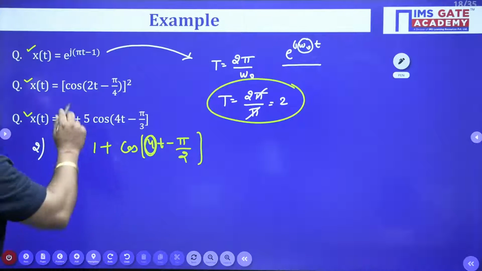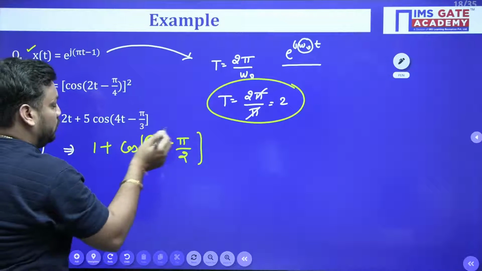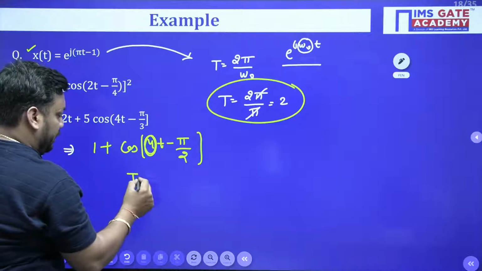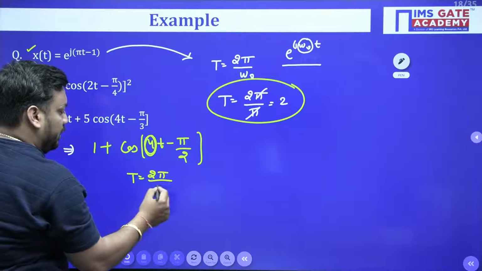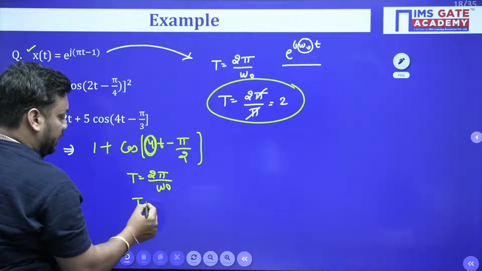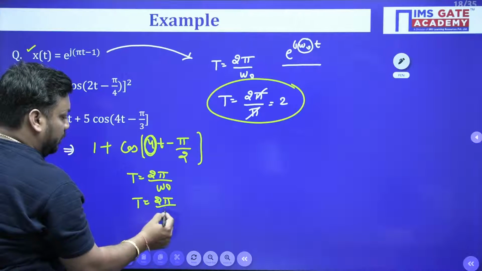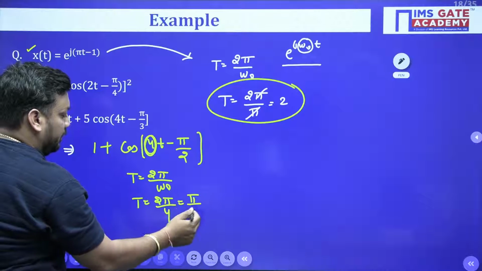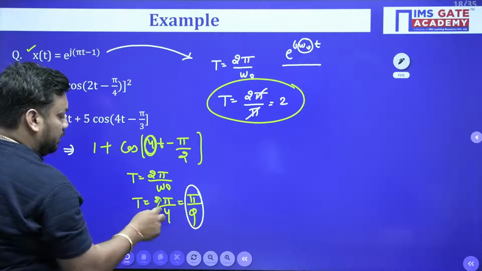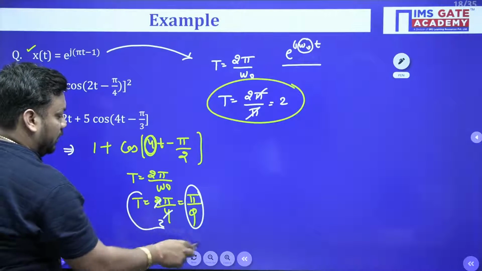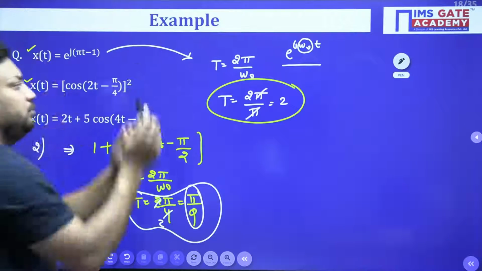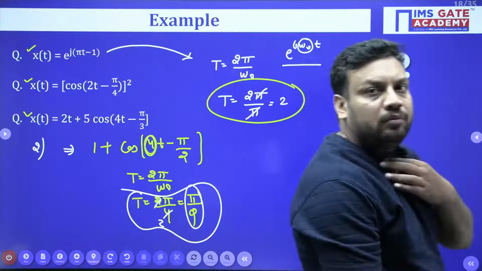So the fundamental time period is T equal to 2 pi upon omega 0. So T is nothing but 2 pi upon 4, which is pi by 2. Yeah, so 2 became 4. I hope it is clear to you guys. Pi by 2.